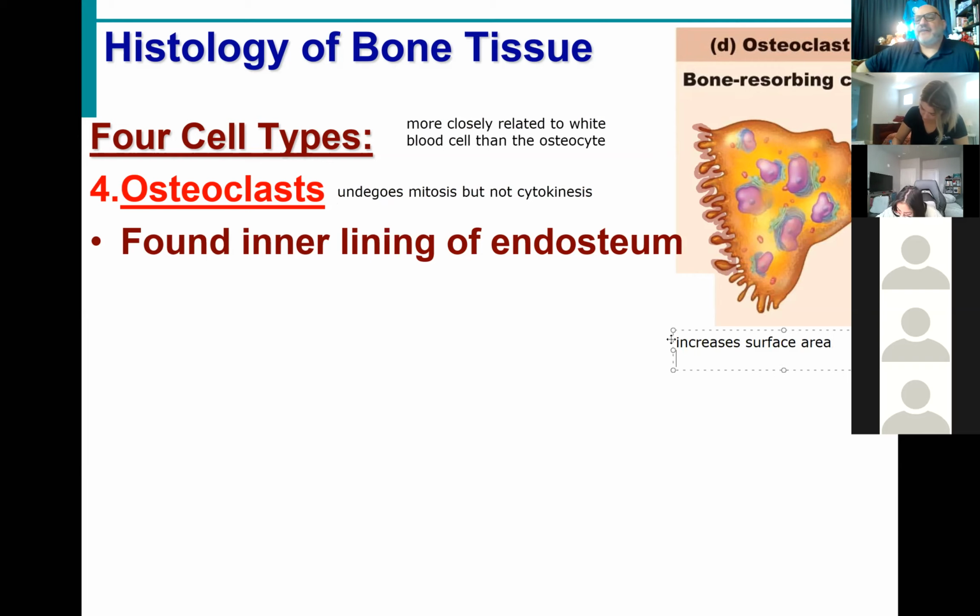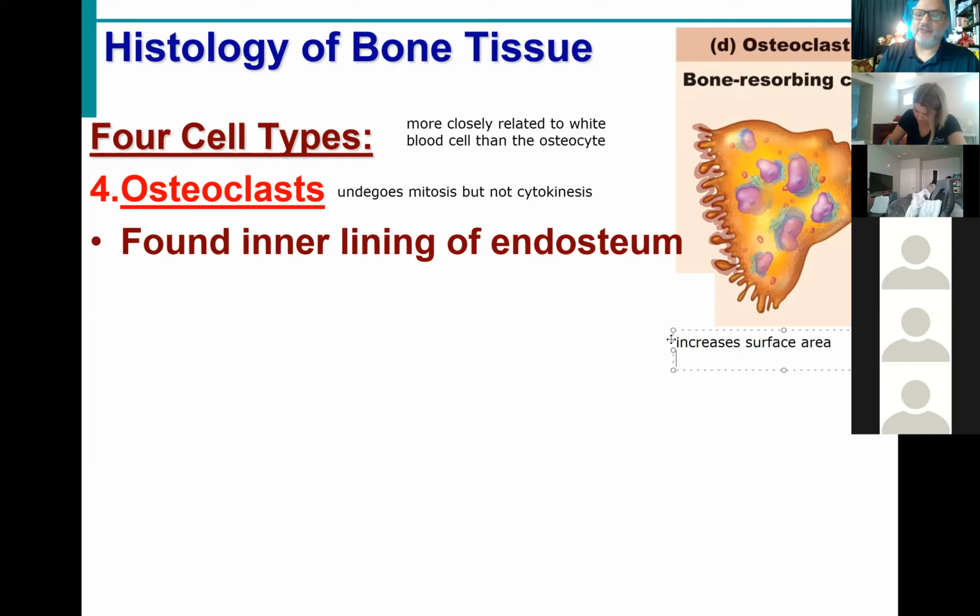What's the advantage of having lots of nuclei? What do nuclei contain? What does the nucleus contain? DNA. DNA is the instruction for making proteins, right? So exactly, this is a cell that produces a massive amount of proteins and has a huge surface area.